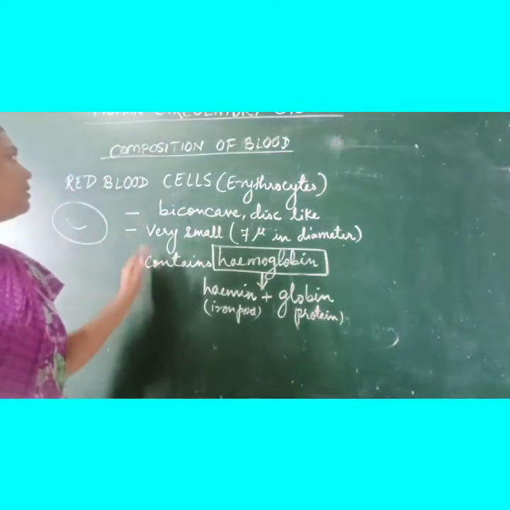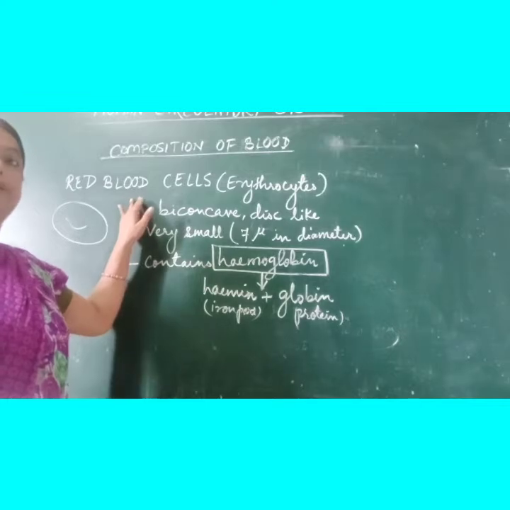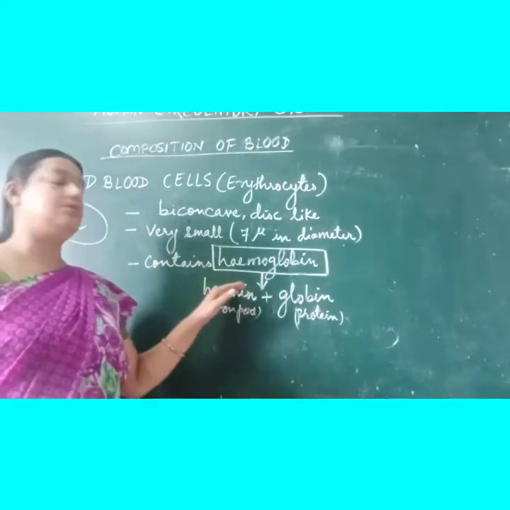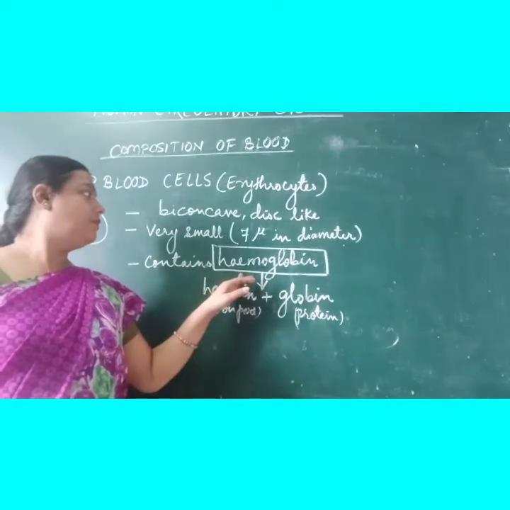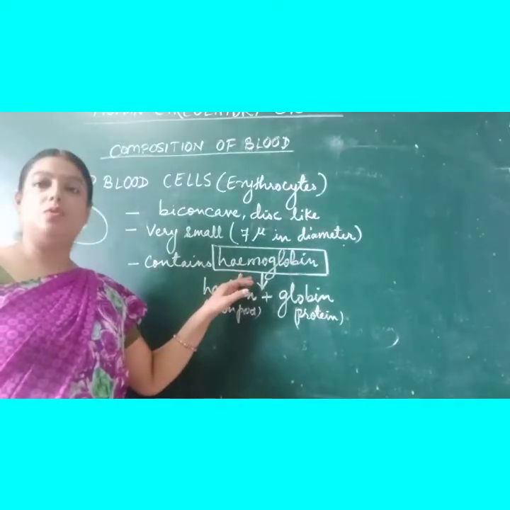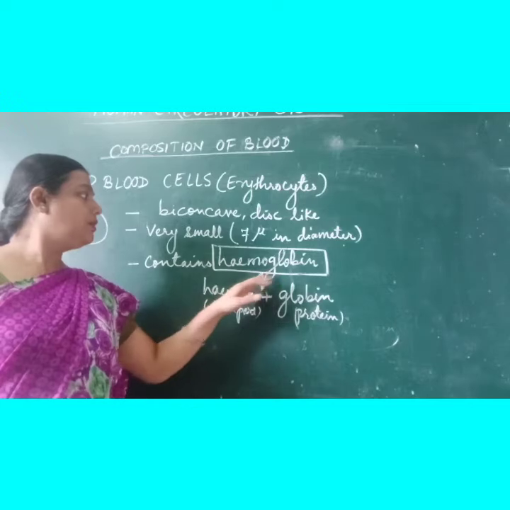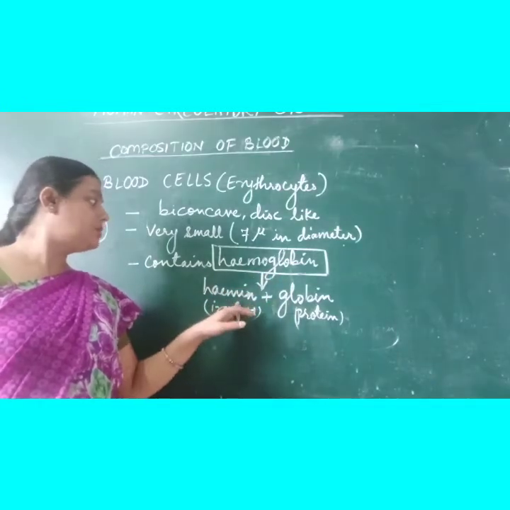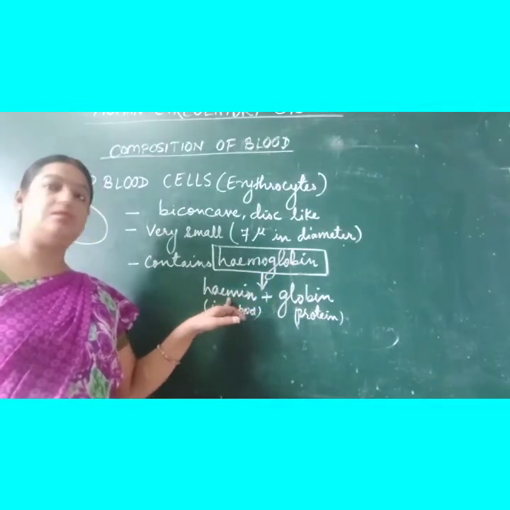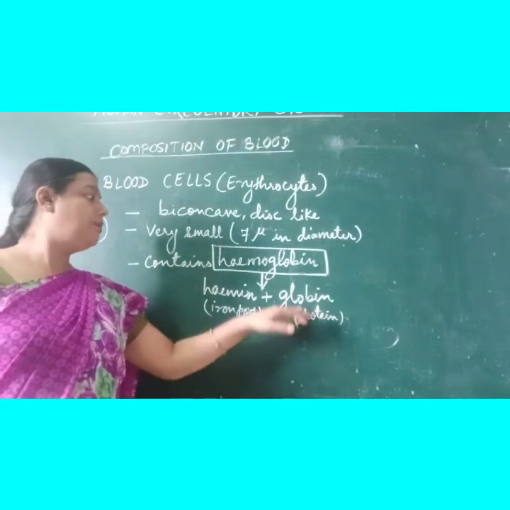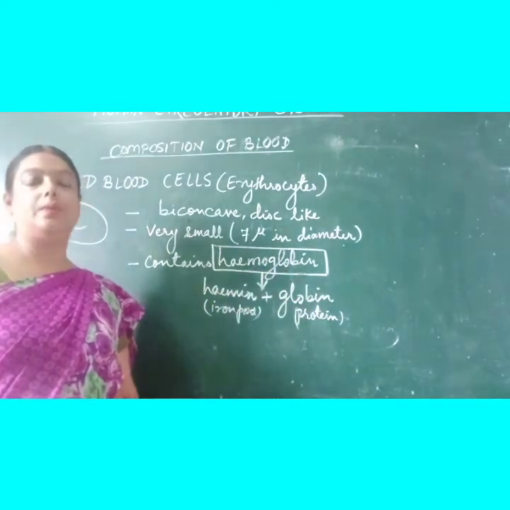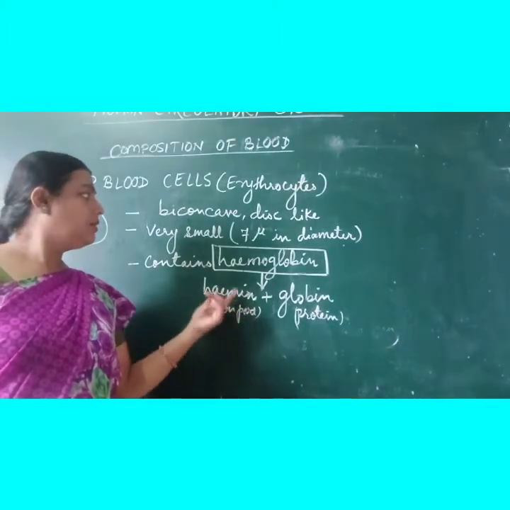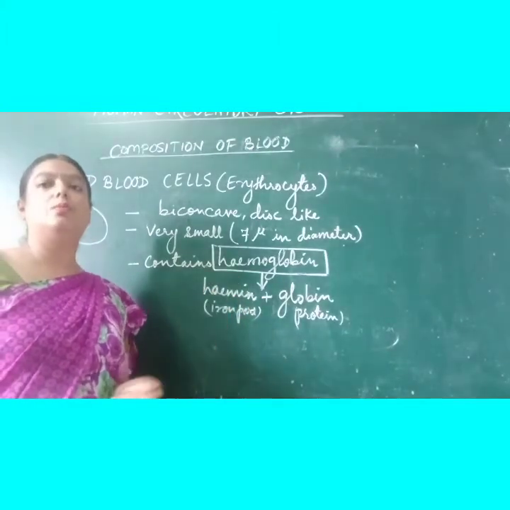This cellular element, that is RBC, also contains a chemical constituent which is called hemoglobin. Hemoglobin is made from two parts: the iron part, which is hemin, and the protein part, which is globin; together they form hemoglobin. So let's see the importance of hemoglobin.